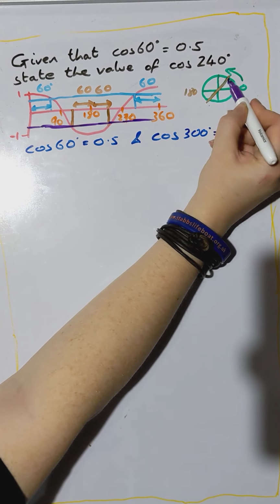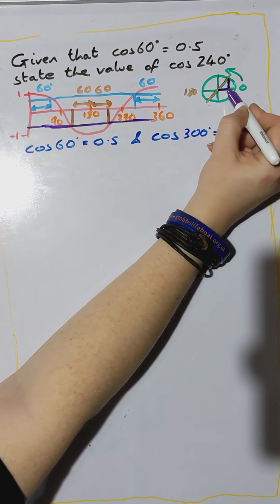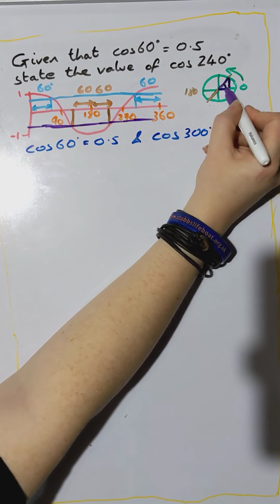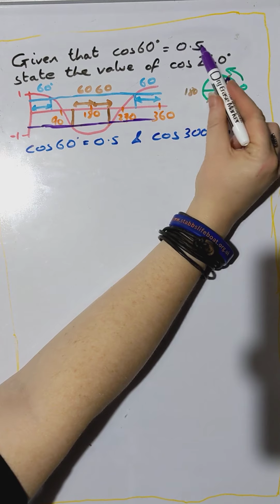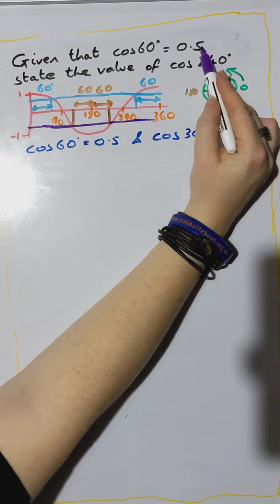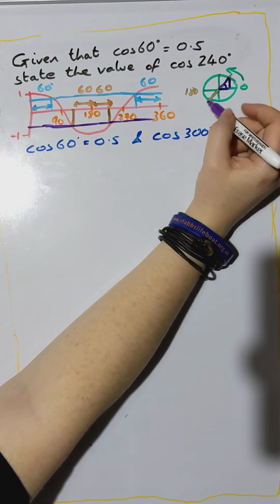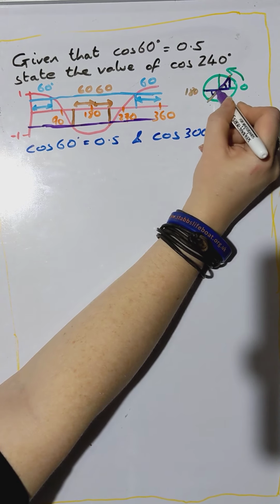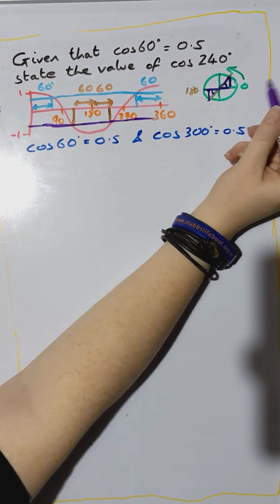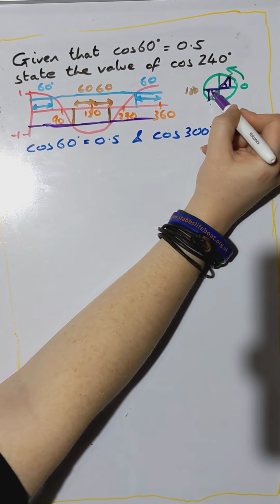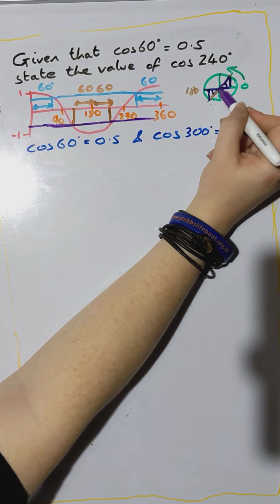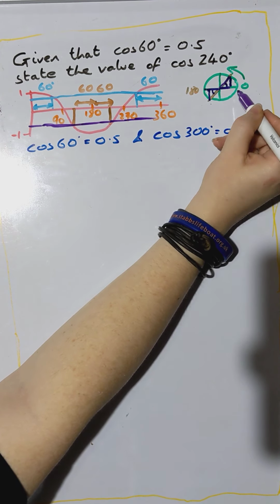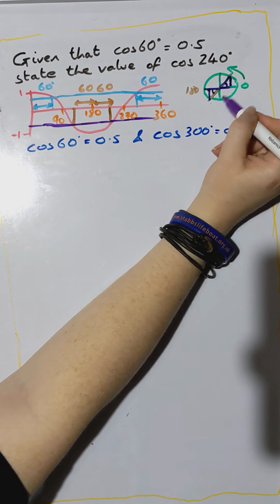If we know that that triangle there has an angle of 60 degrees and is 0.5, that actually tells us that that angle will also have a value of 0.5, but we're in the negative quadrant. We're in the negative side.